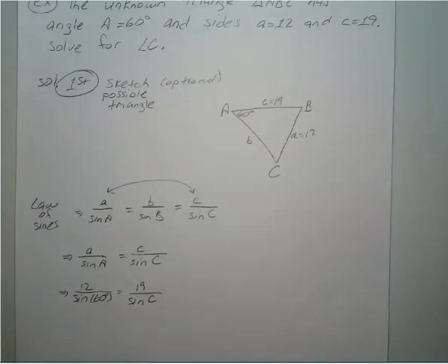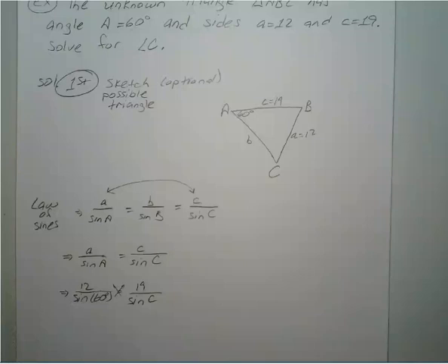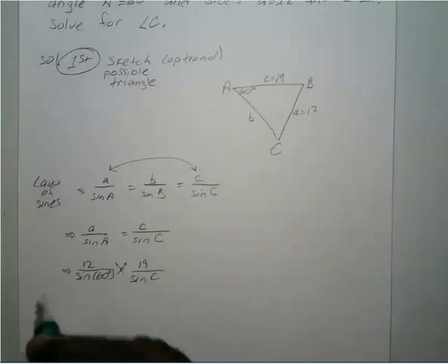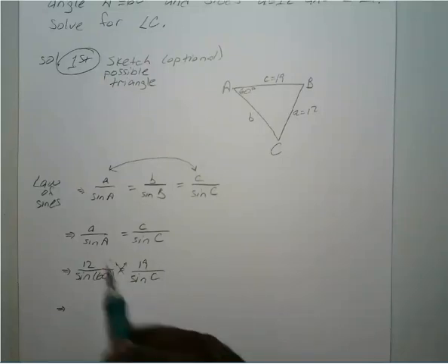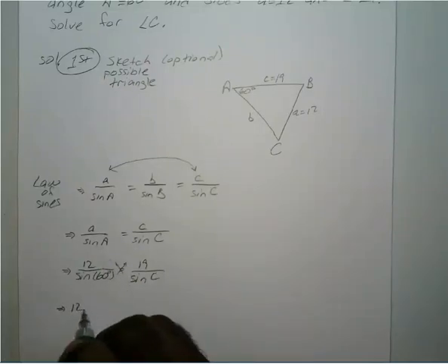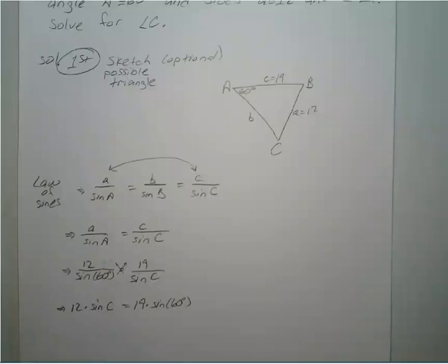Okay, so now we can just go ahead and cross multiply. We have 12 times sine of C equals 19 times sine of 60 degrees.